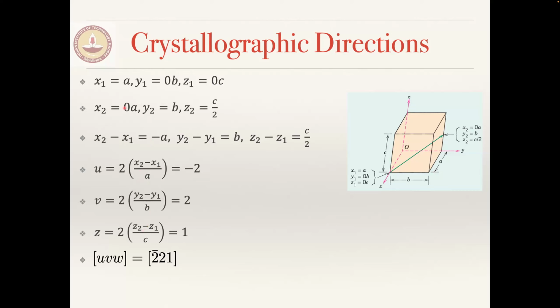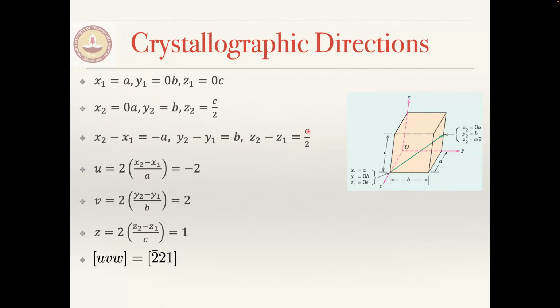x2 minus x1 is what? Minus A. Right? x2 minus x1 is minus A. y2 minus y1 is B, z2 minus z1 is C by 2. So now you don't have it in terms of A, B, and C, but a fraction of C. So one half times C is what is there.